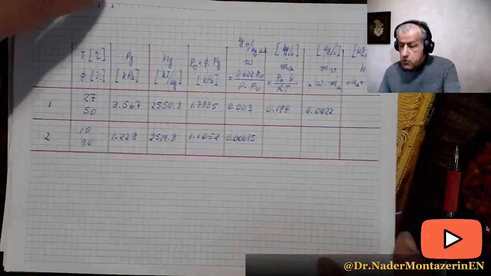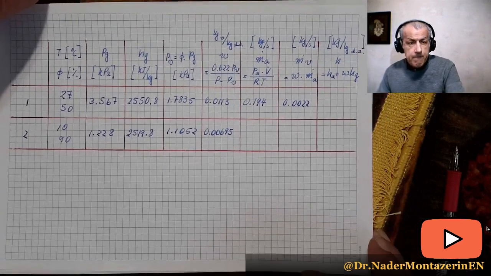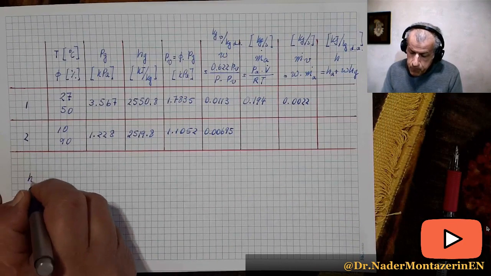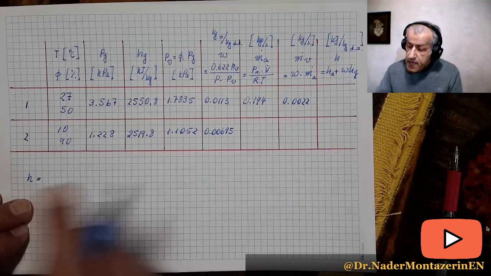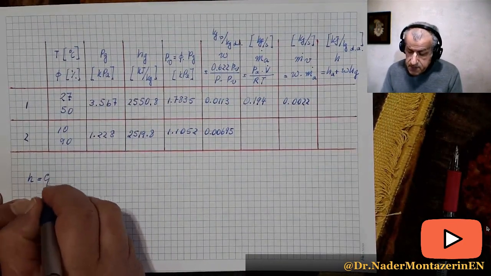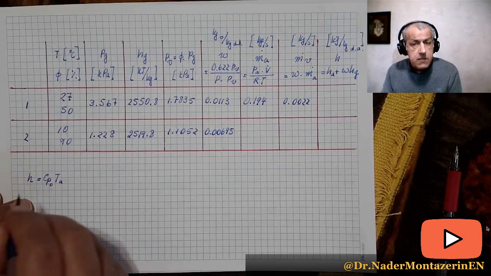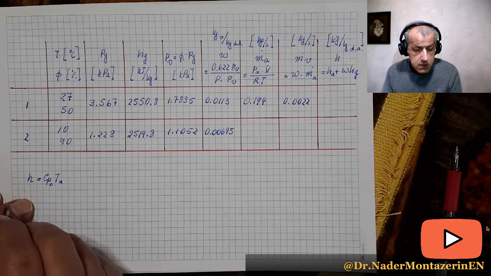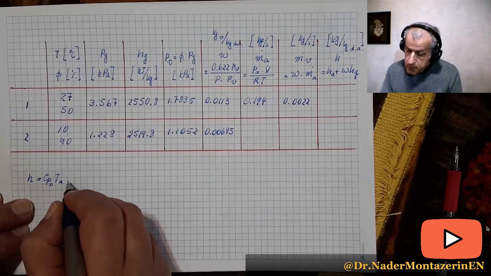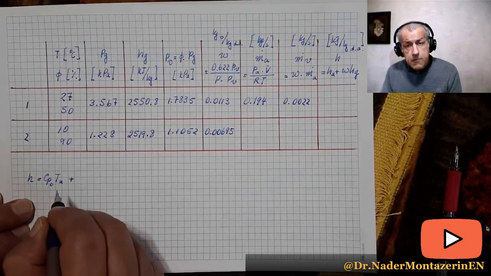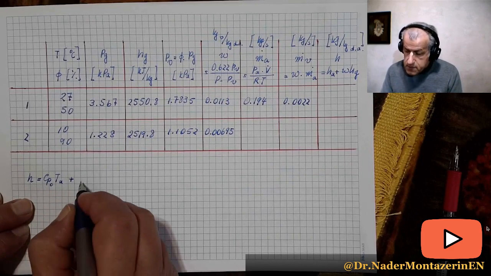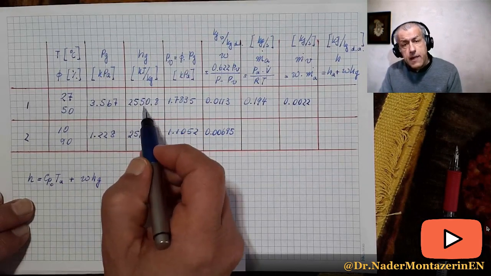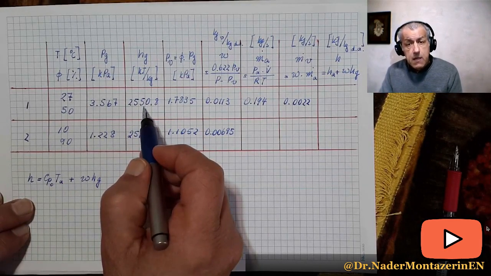I would just do it here. H equals HA, which is Cp0 TA, since it's air and it's a perfect gas. So we could just do it, plus the enthalpy of the water vapor, which is W HG, and that's why we read HG from the tables.